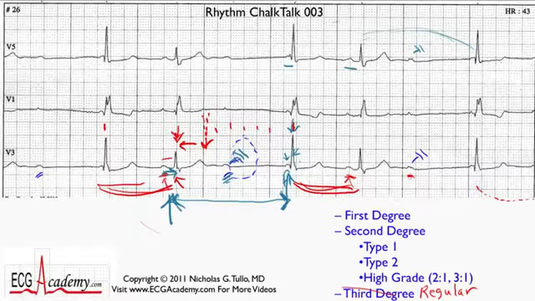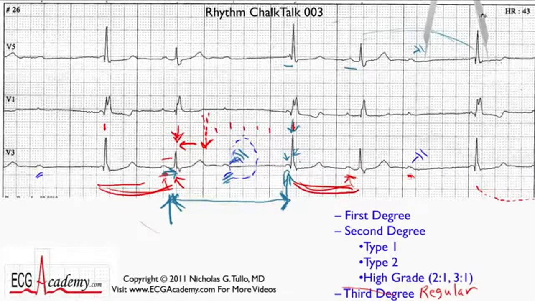We'll get our calipers back and say, okay, here's the R to R of this beat, and we'll have to think of it being a little bit longer. And let's measure this pause. And the pause, indeed, yes, look at that. It's less than 2 times the previous R to R. So that must be Wenckebach.